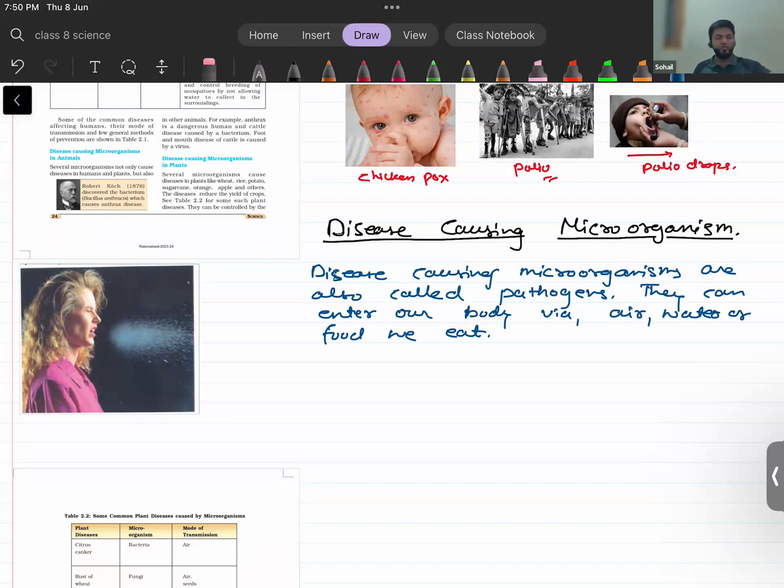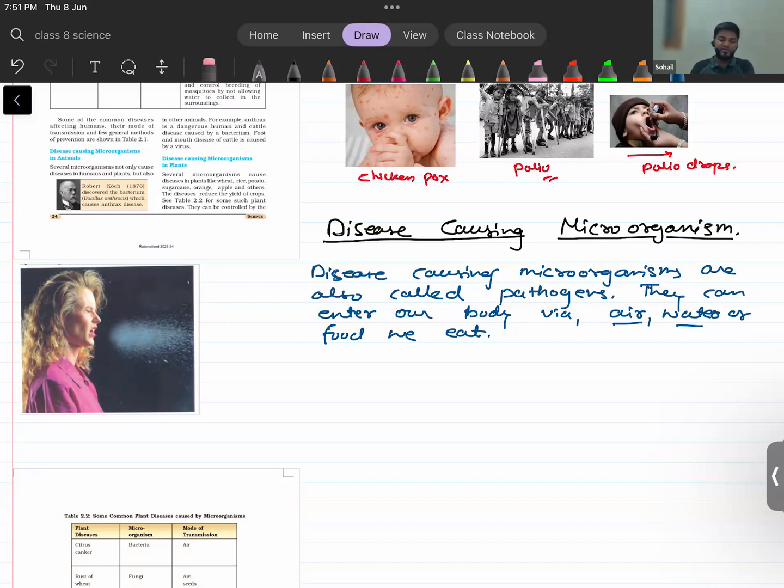So how do we catch this disease? How do we get infected from these microorganisms? It comes from air, water, or food we eat. But if you come in direct contact with an infected person, then you get the disease causing microorganisms.